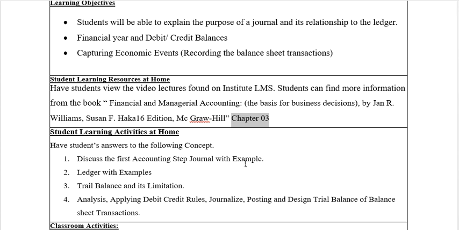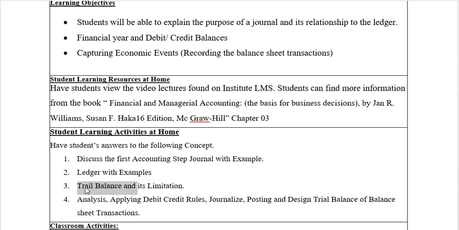You need to explain in front of your teacher as well as your classfellows the concept of the journal by different examples. Similarly, you need to share your understanding of the ledger and its examples. Then you will be able to share your knowledge about the trial balance.